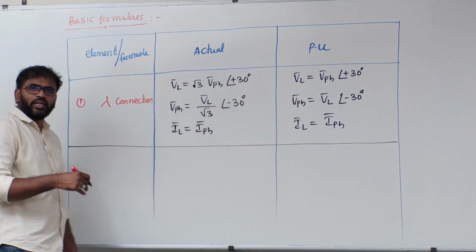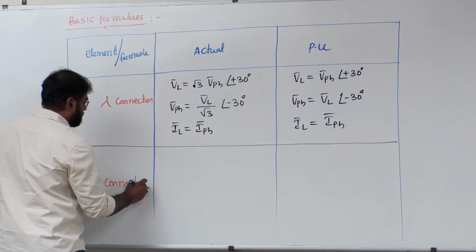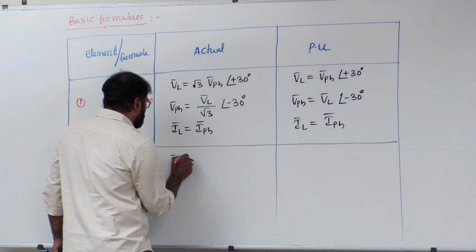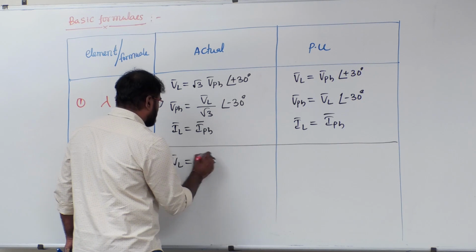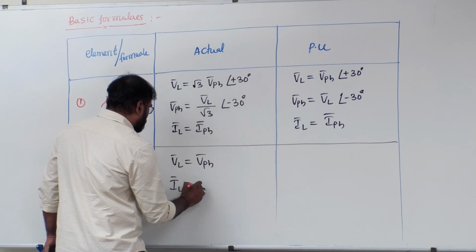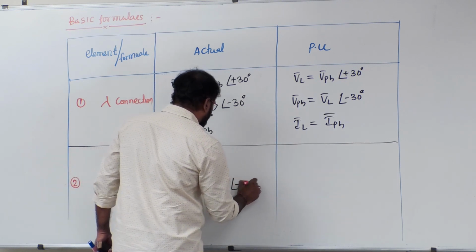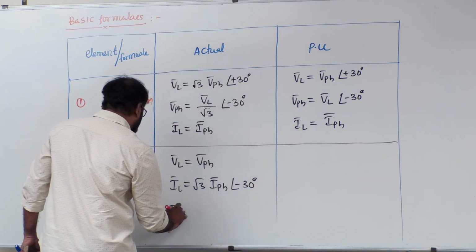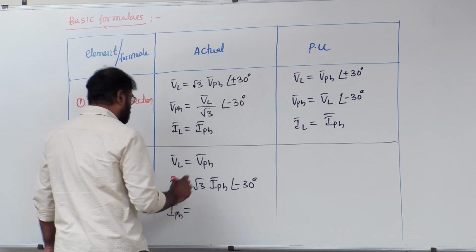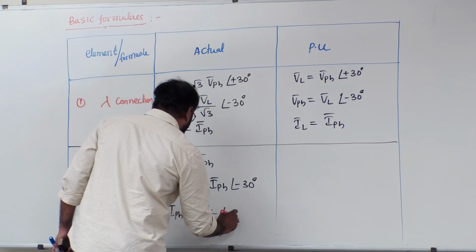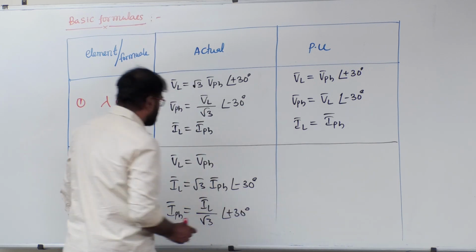Now we will see delta connection. For a delta connection, the line voltage equals phase voltage, and line current equals root 3 times the phase current at an angle minus 30 degrees. Otherwise, the phase current equals line current by root 3 at an angle plus 30 degrees.